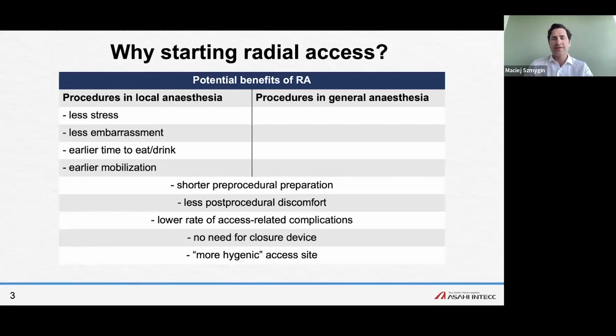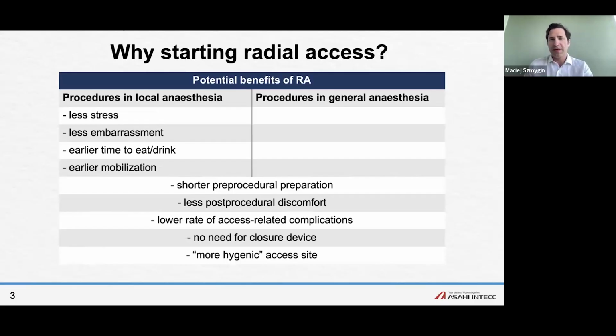Again, the groin is a somewhat intimate area, so radial access is much more convenient for the patient. They can also eat and drink much earlier, in a more convenient position, and they are mobilized immediately after the procedure in local anesthesia.